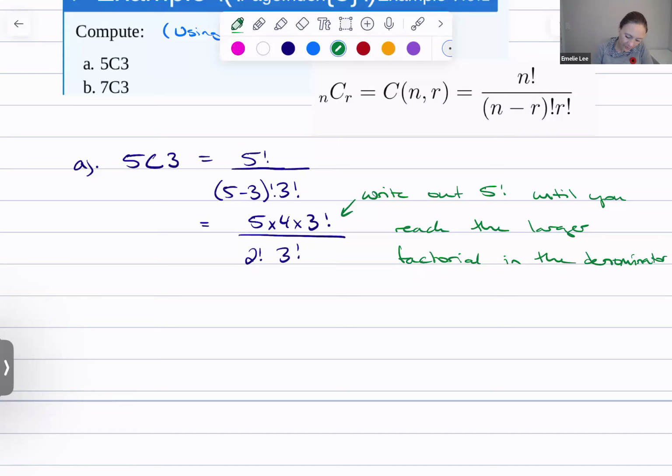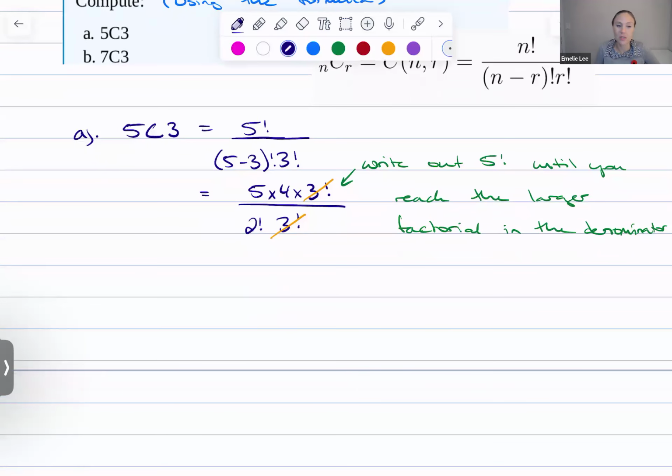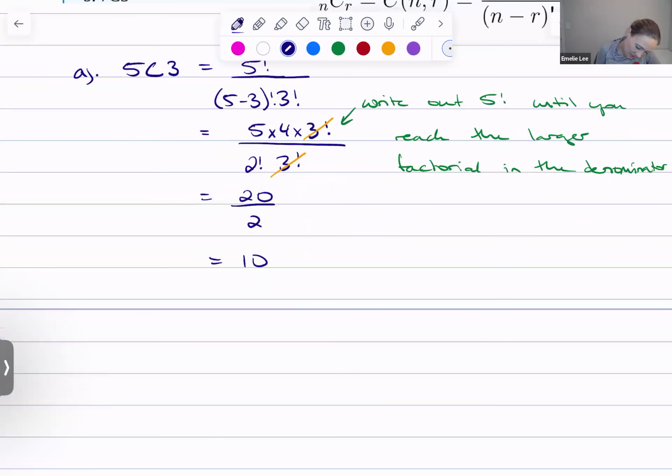Because now 3 factorial divided by 3 factorial, because it's all multiplying and dividing, that's why I'm allowed to cancel. Now I have 5 times 4 divided by 2 times 1, technically, right? And so I have 20 divided by 2, which puts me at 10.